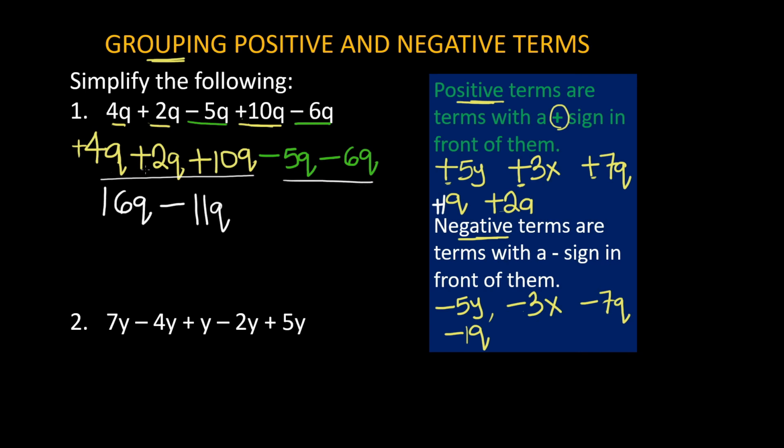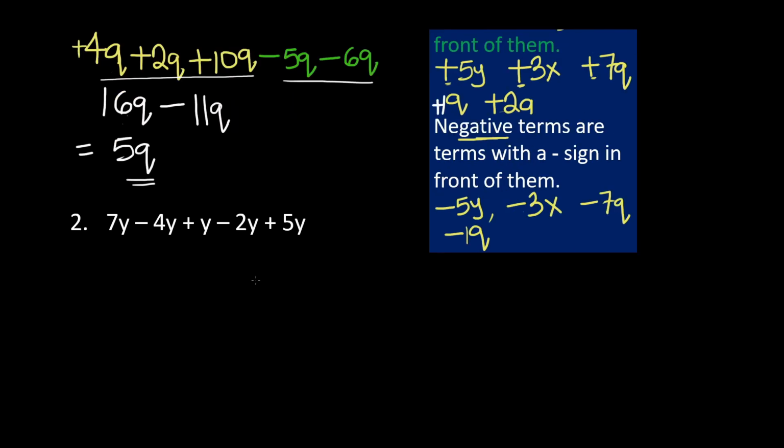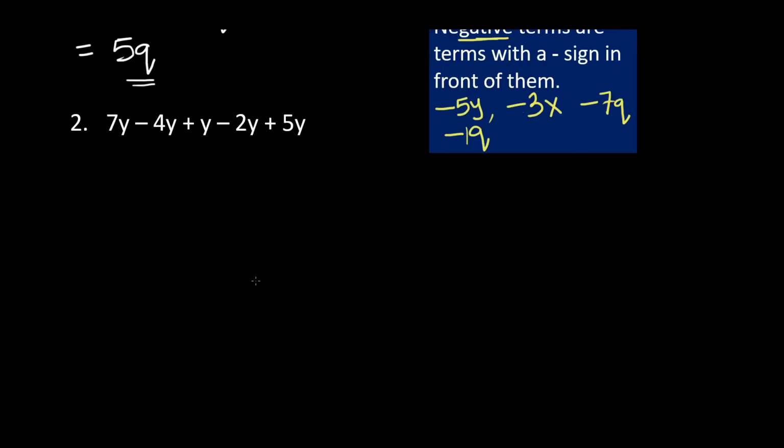We've added all the positive terms, 16q, and the negative terms as 11q. And then your final answer is going to be 16q minus 11q, and that is going to give us 5q. That means our final answer right here is 5q.